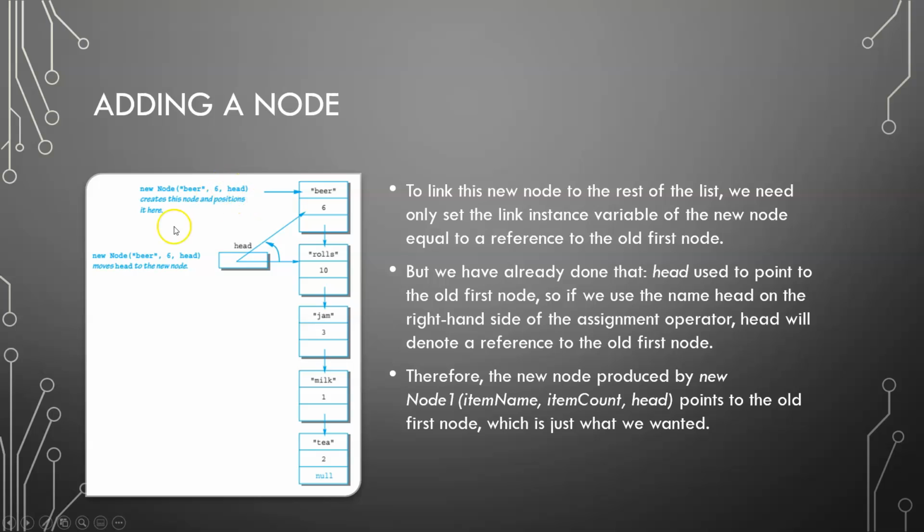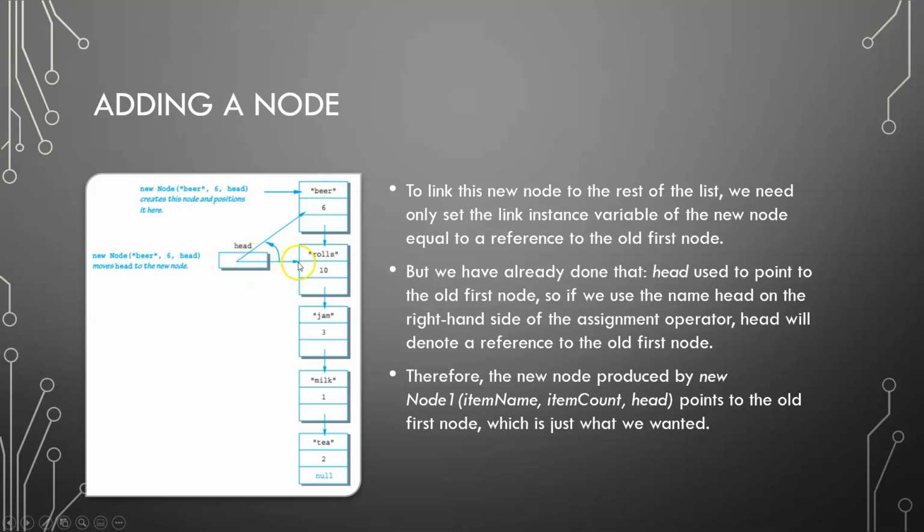In that assignment, you'll notice that the new node is produced by new Node1(itemName, itemCount, head), which points to the old first node, which is just what we wanted. Here's the original head. This is the new node, beer, 6, head. And new Node1 creates the node and positions it here.